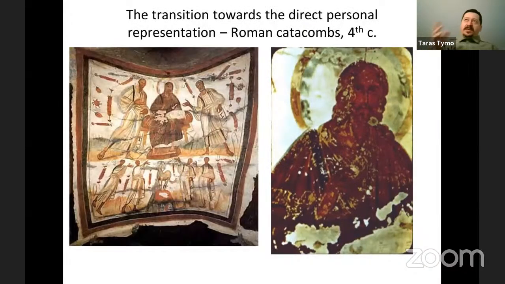But as we have seen in our overview of early Christian iconography, these representations often come together. So the symbolic one is here in the lower part, whereas the direct representation is in the upper.